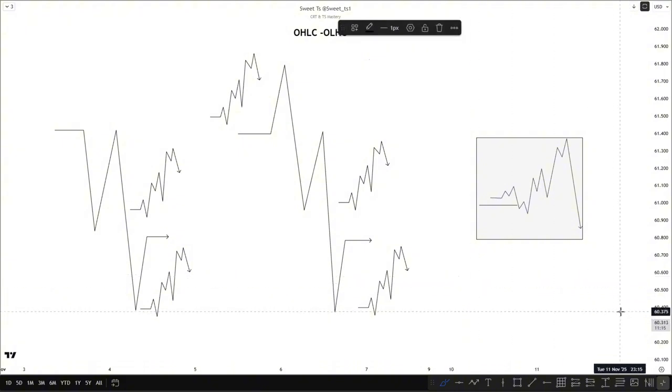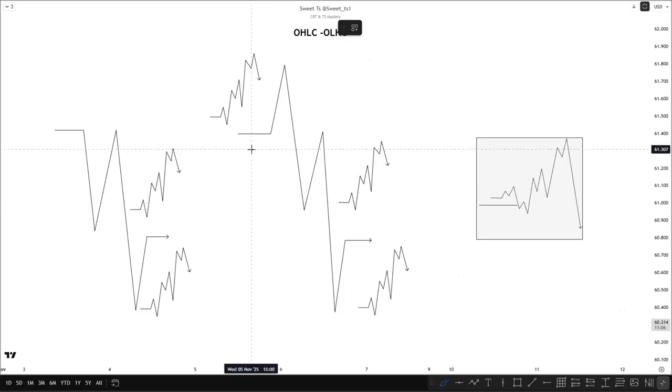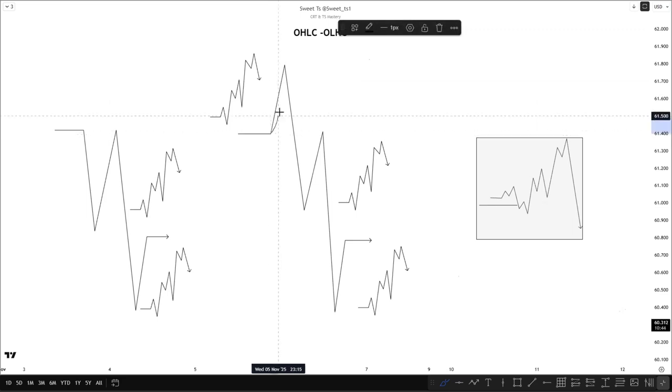All right, so we talk now about the open high low close and the open low high close. So just pay attention, it's going to be very advanced. We have the classic open high low close, and you can reverse it and vice versa. Now, if we open high, within this open high there is a trend, which is this higher time frame retracement, right?